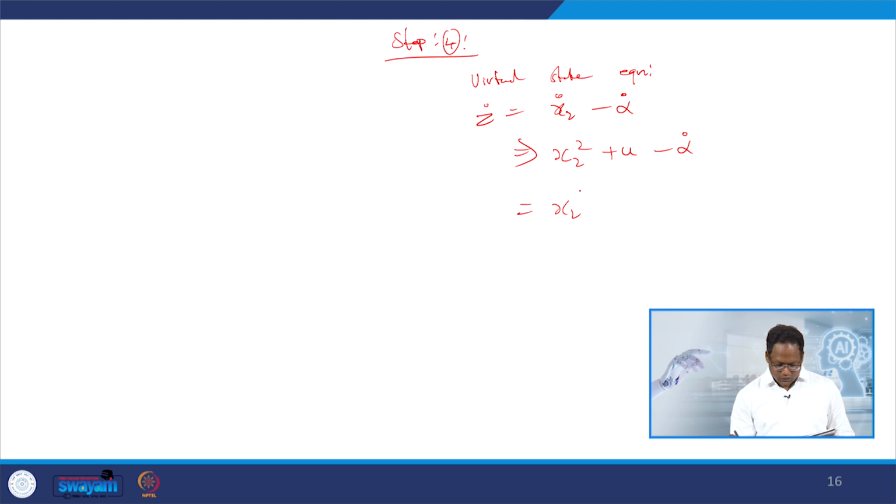When we substitute alpha dot, we have plus k1 into minus x1 cube plus x2. This is equation number 7.